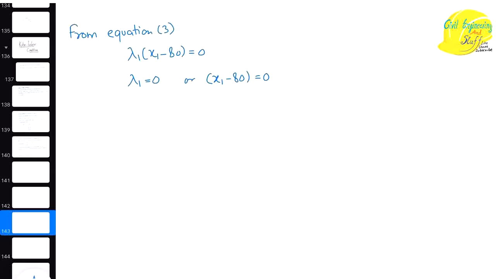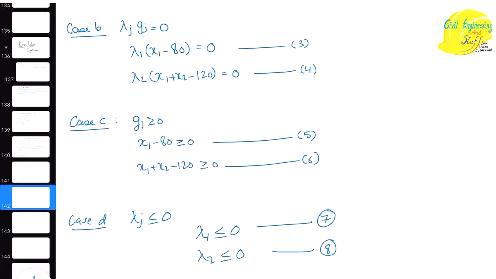So let us first take lambda 1 equal to 0 and try to find out the value of x1 and x2 and see if all these conditions, from equation number 1 to equation number 8, are satisfied or not. Basically, we have formed these 8 equations.